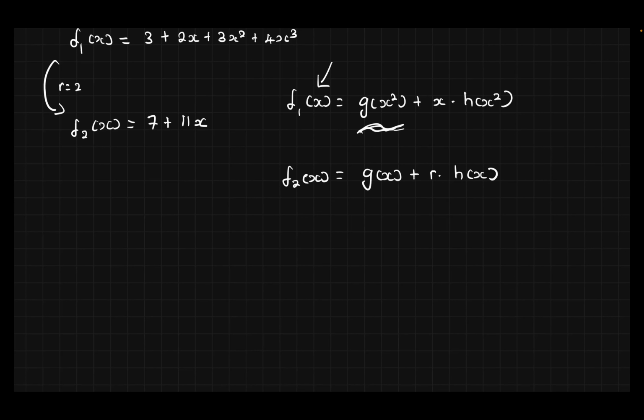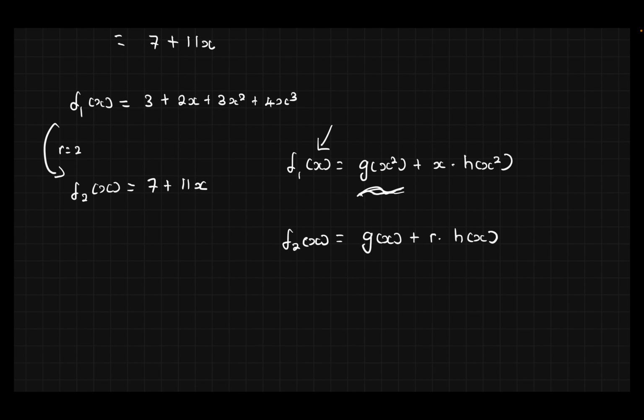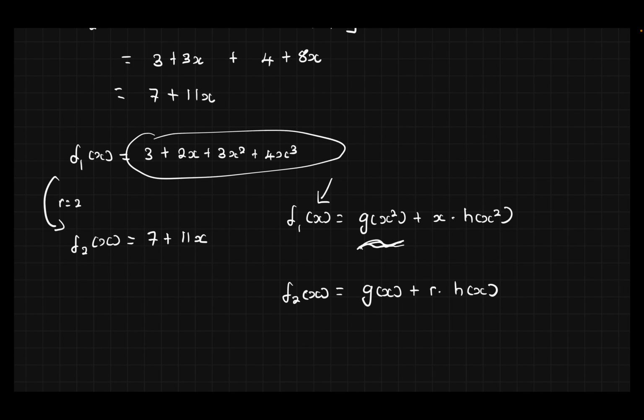So this is f of x, right? I want to get rid of the terms that have odd powers. So 2x should disappear, and then 4x cubed should disappear.